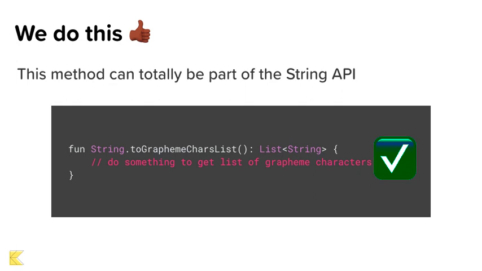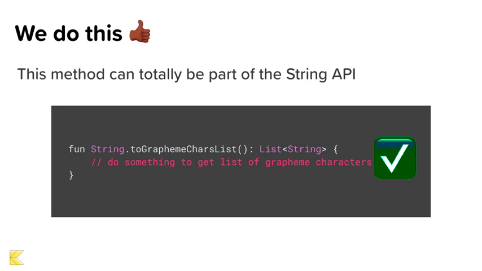But basically, for those that don't know what a grapheme, whatever I'm saying, is: if you do .toCharArray on a string, right? Something we've done before, getting all the characters in a string, you actually get any emojis that you put in your string chopped up into their Unicode equivalents.